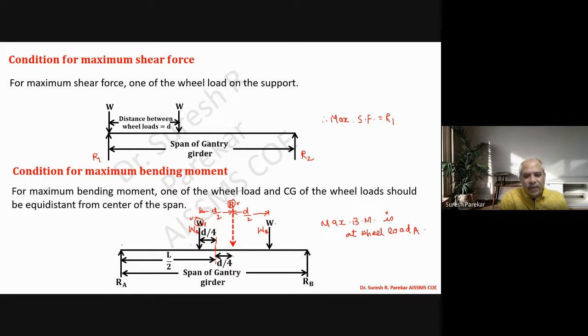Here we have UDL, which you can also show. So you show this UDL. In the above figure also you have to show this UDL, which will be the self weight of the girder. So you can write W, self weight of gantry girder. That is important, required.